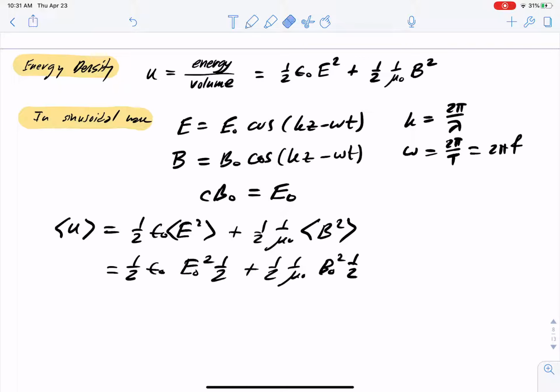If you have the square of a sine wave or a cosine wave, when you square it, you get something with twice the frequency, and it goes between 0 and 1, so the average is a half.